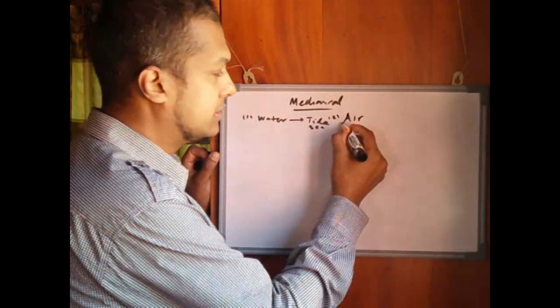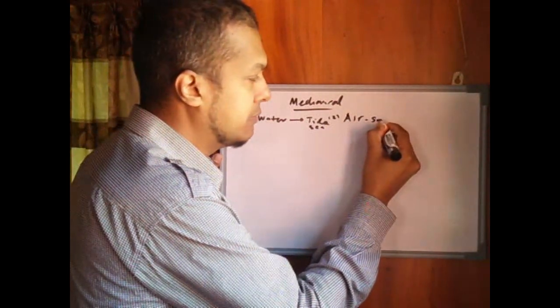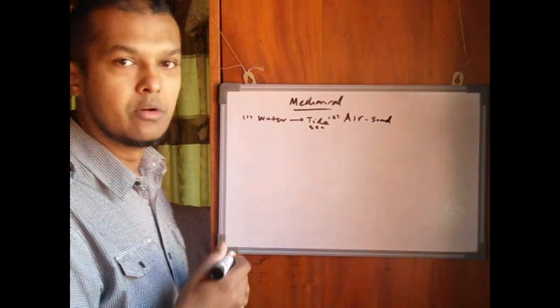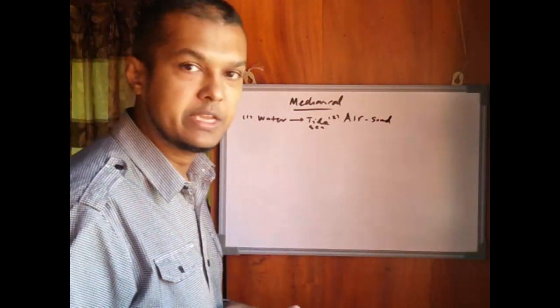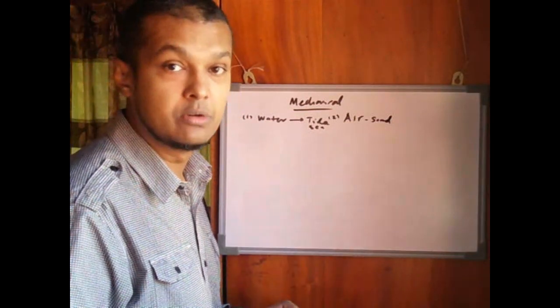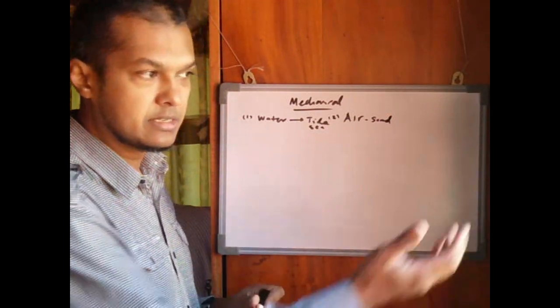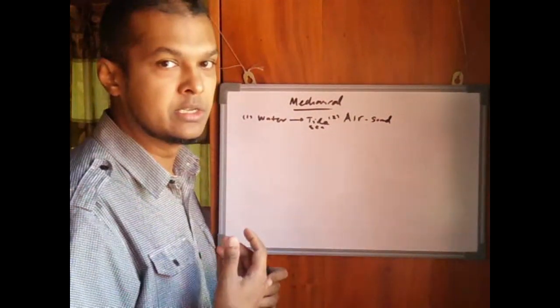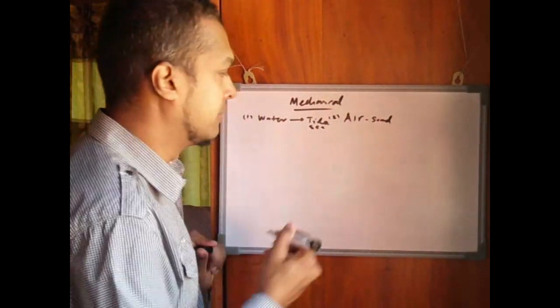So let's get into the air. In air, it could be sound waves, or just the normal sound that we hear in day-to-day life. It could be a vehicle sound, a train sound, or a thunderstorm sound. Any sound that occurs in the air reaches us by a sound wave, so that is also a mechanical wave.